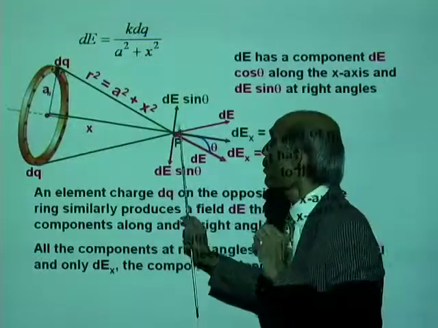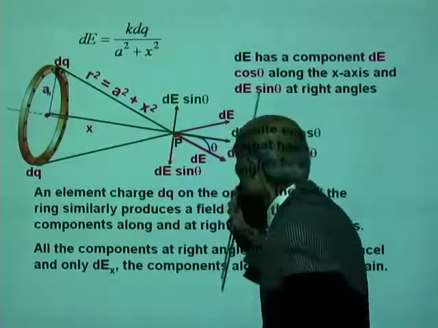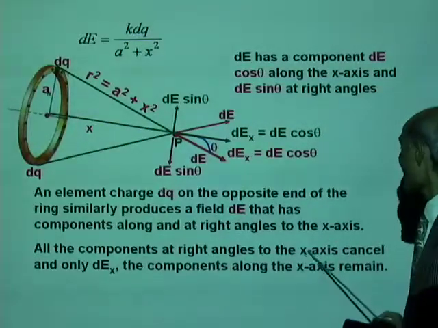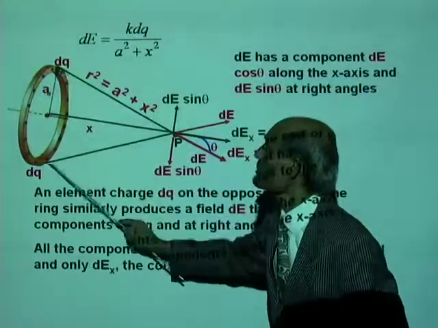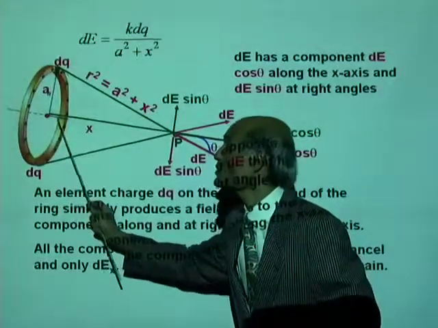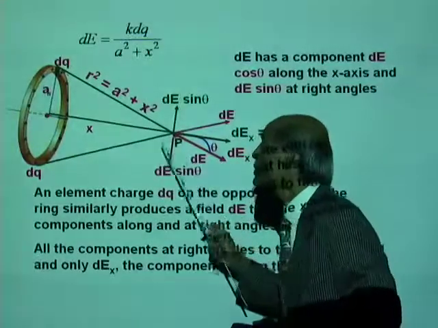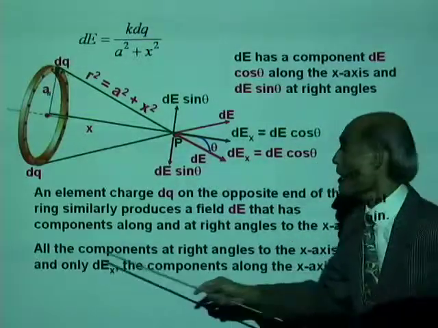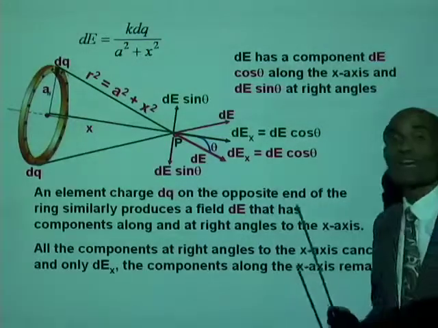What that means is all these y components will cancel and all the x components will add up. So all the components at right angles to the x-axis, for dq on either side here, these two will cancel. If you take another pair of dq anywhere, again, those components will cancel and the x components will add up. Only dEx will survive, the components along the x-axis.